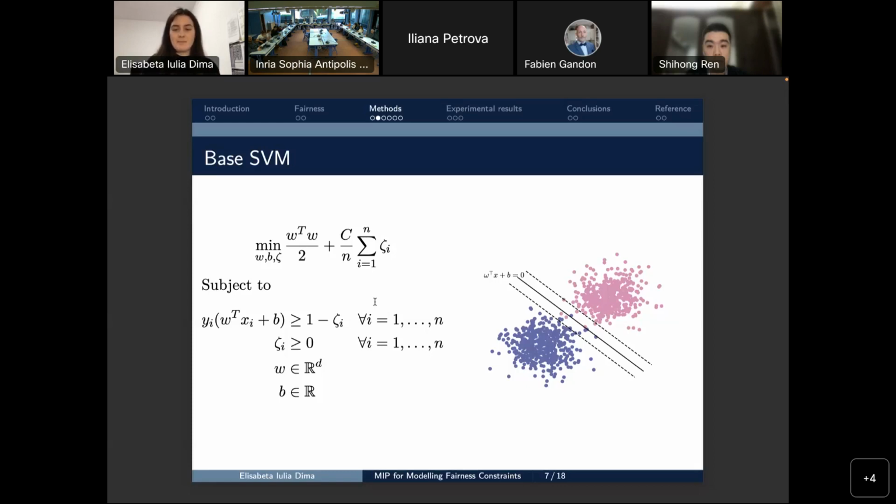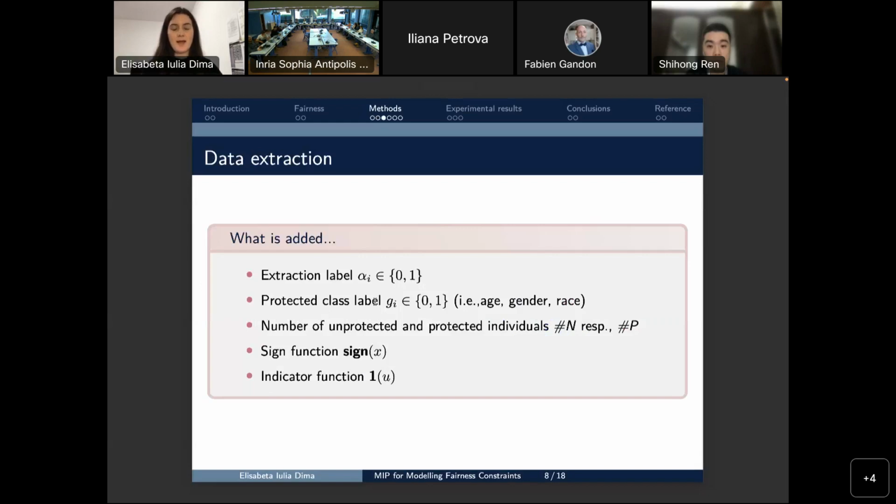And we added some variables and some constraints in order to express our idea from a programming point of view. So we added a label which tells us whether a point is extracted or not from our data set, in order to tackle only the remaining points and to manipulate them in our equal opportunity constraint.